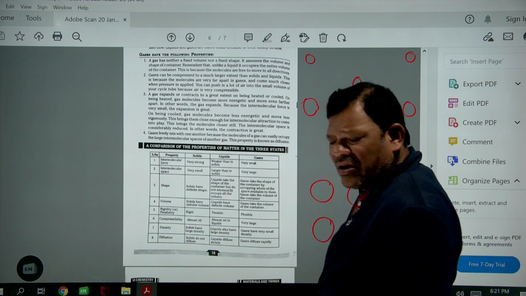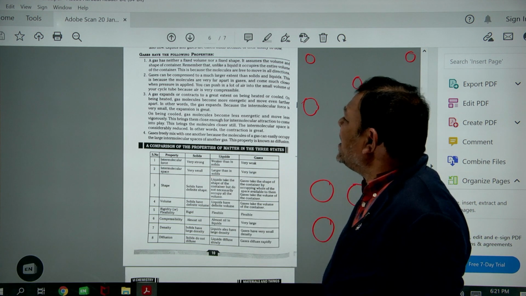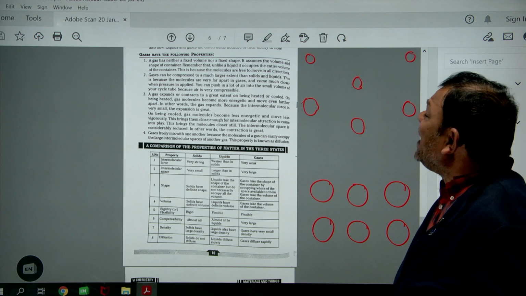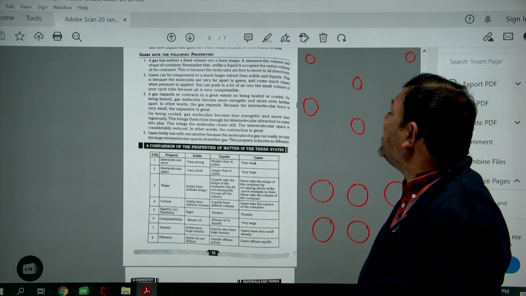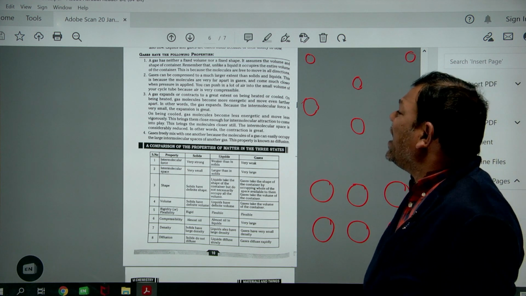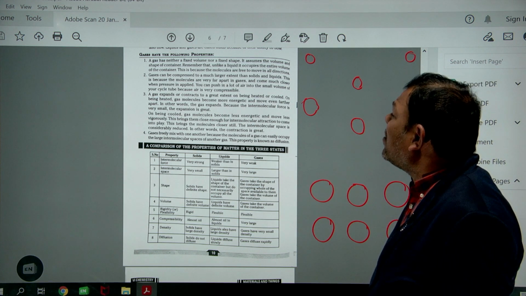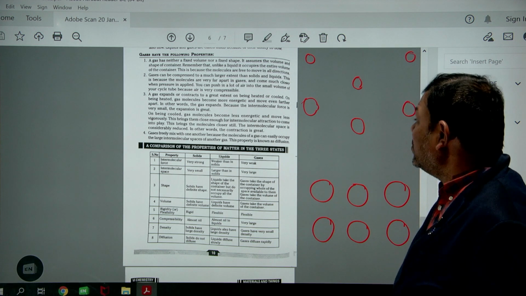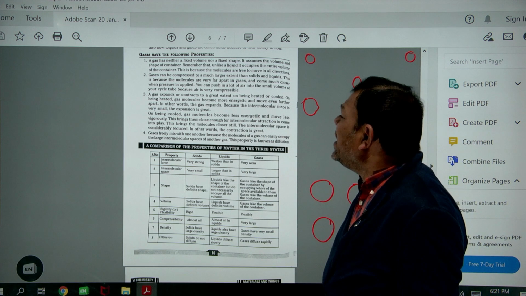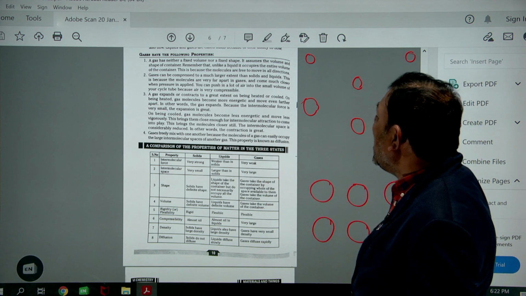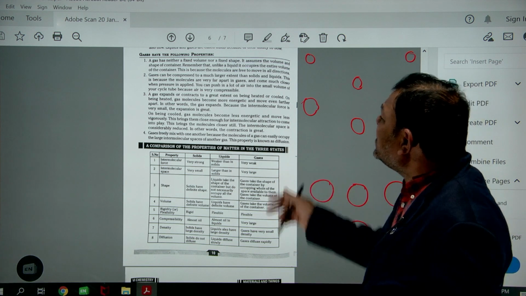The third point is that a gas expands or contracts to a great extent on being heated or cooled. On being heated, gas molecules become more energetic and move even further apart.